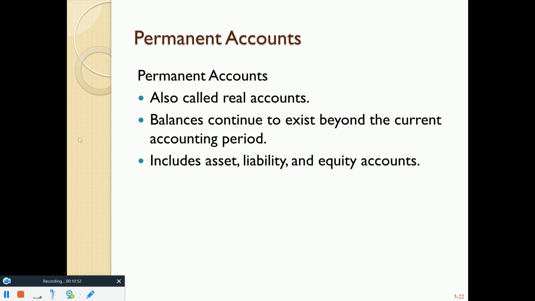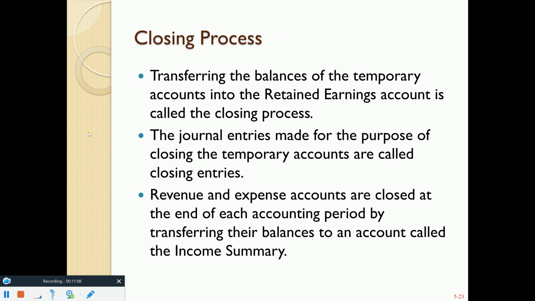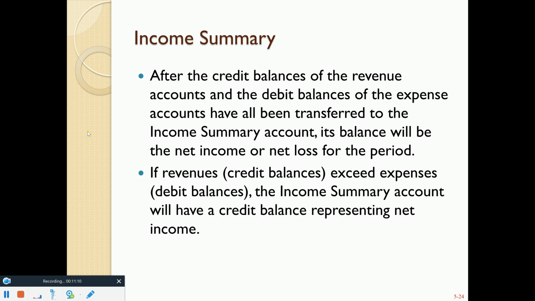The permanent accounts are the balance sheet accounts. So all of our assets, our liabilities, and our equity accounts, they are the permanent accounts. They never go through a closing process, if you will. We don't close them to 0 and start fresh with zeros. Only the red accounts. And that's what the closing process is all about.